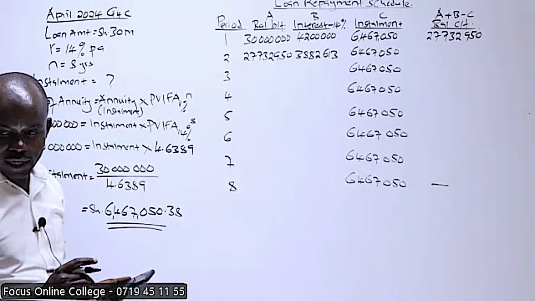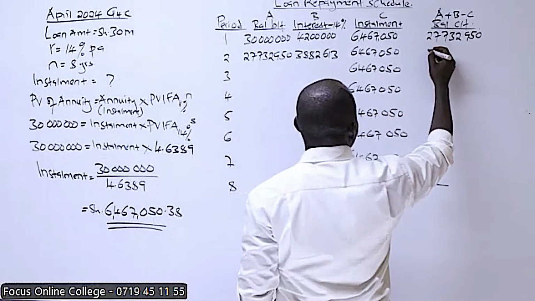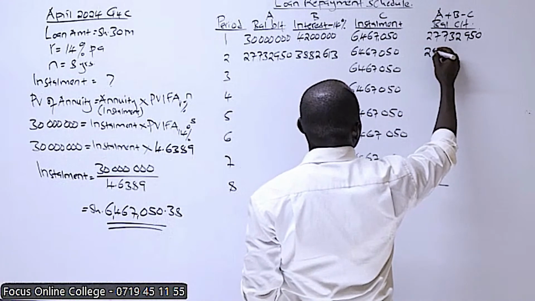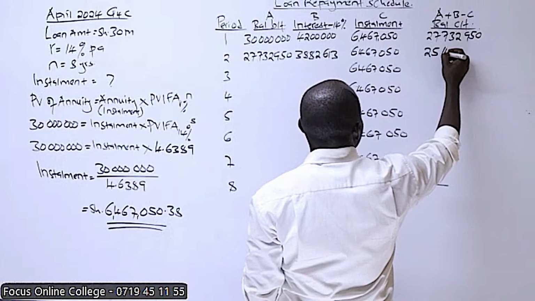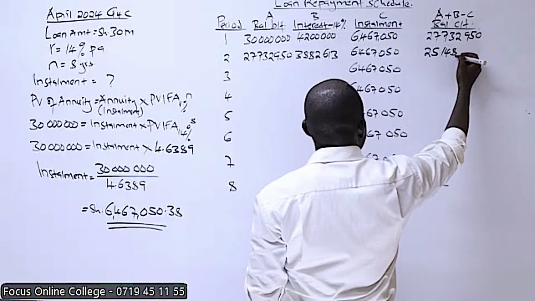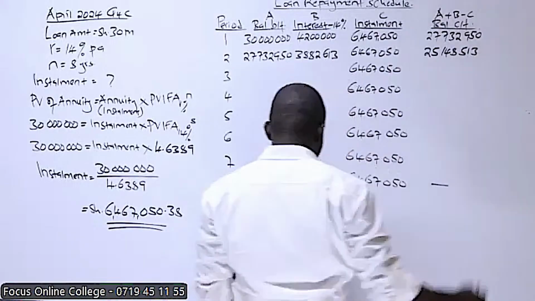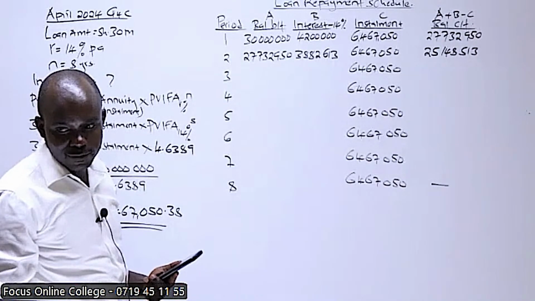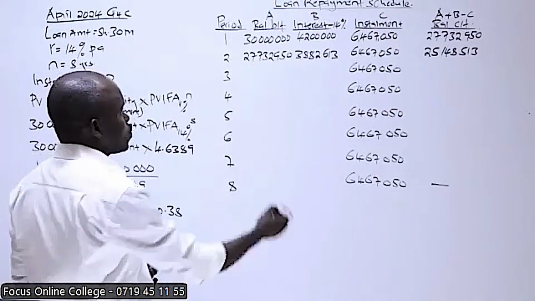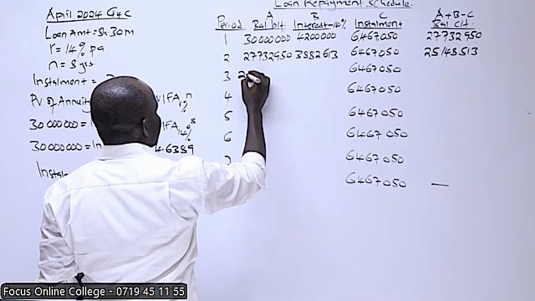Here I'm getting 25, 148, 513. That is what we're going to bring forward here.